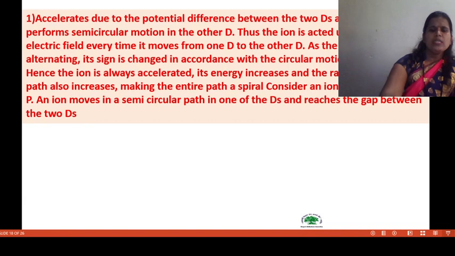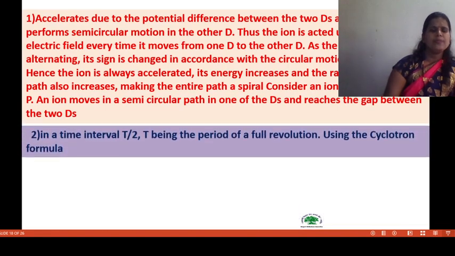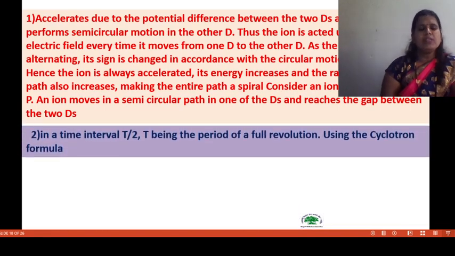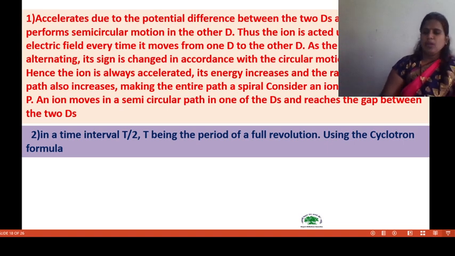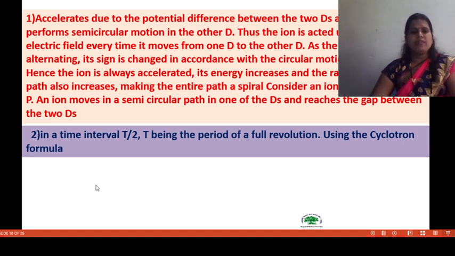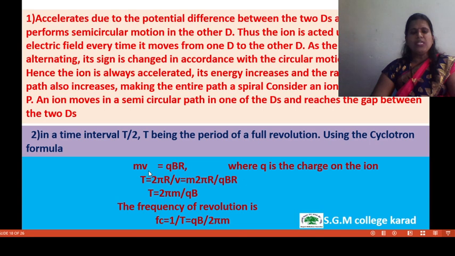The ion reaches the gap between the two Ds. The time interval necessary to complete the semicircular path is T by 2, and to complete a full revolution the time needed is T. Using the cyclotron formula we can write mv equals qBr, where q is the charge on the ion.